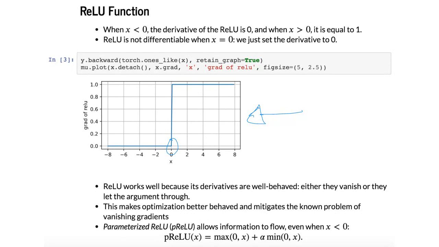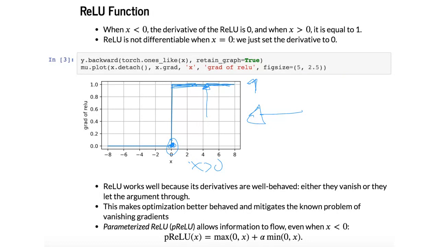But at x equals 0, we just set the derivative equal to 0, so we can set this by hand. The derivative for x greater than 0 is this line over here, which, as you may see, is 1. So for all input values greater than 0, the derivative is 1.